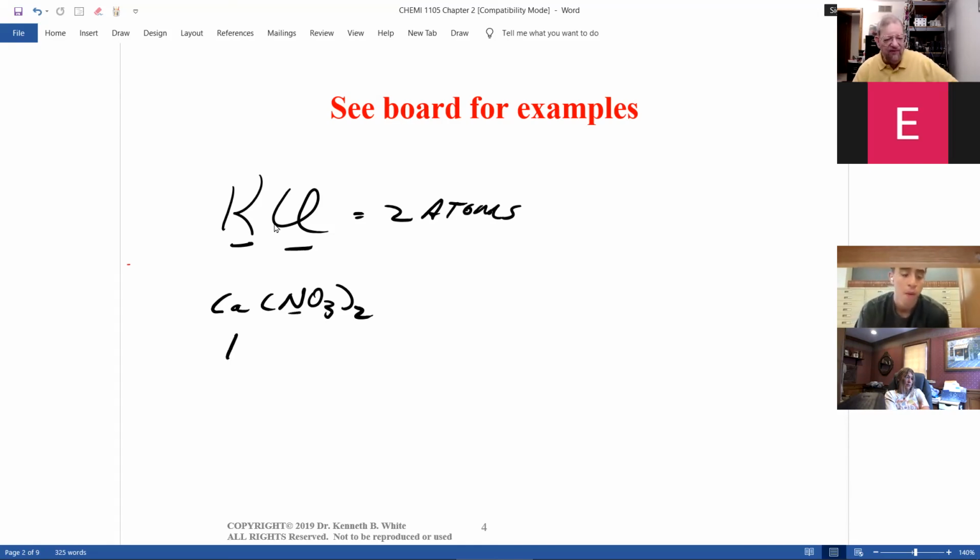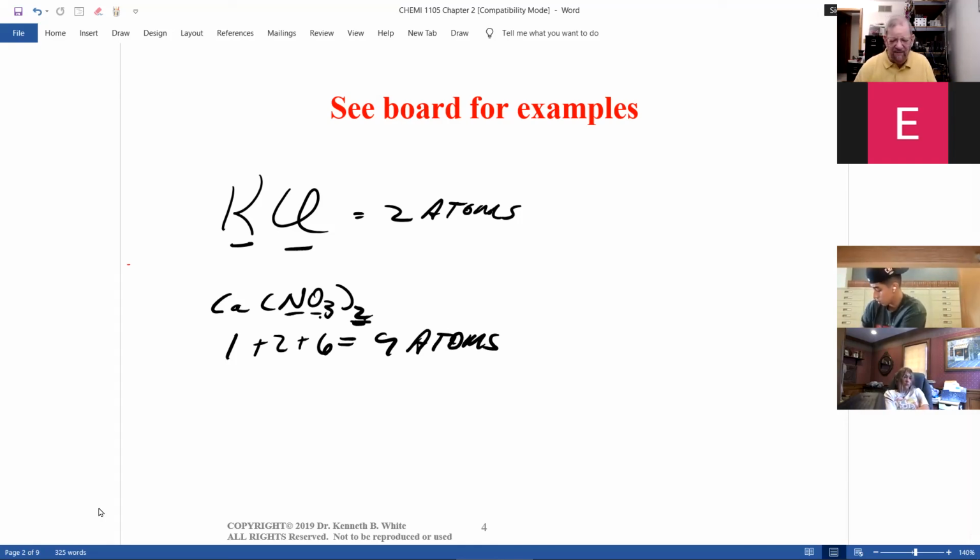Now, inside the bracket, you multiply the number of atoms inside times the subscript outside of the bracket. So there's 2 nitrogen and 2 times 3, 6 oxygen, and 9 atoms, if I did my math correctly. Speaking about correctly, oh no.